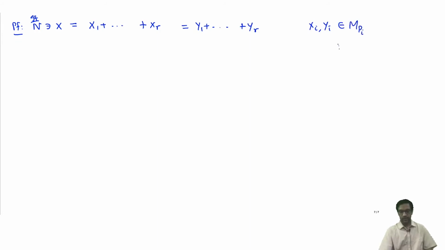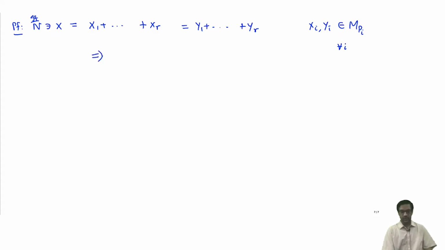So let's take x in N, and if possible, suppose this has two different such expressions, x1, x2, xr, and also y1, y2, yr, where xi and yi come from MPi for all i. Then, as is standard in all these proofs, we subtract the two expressions.